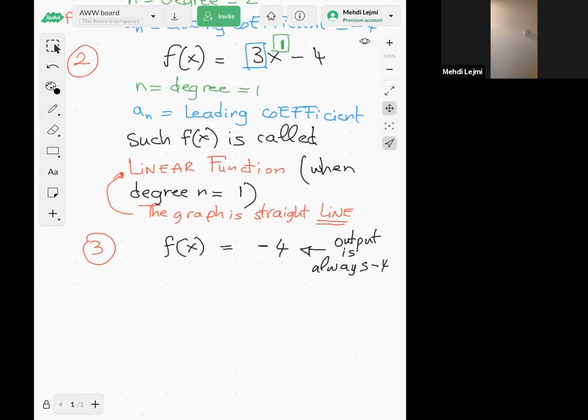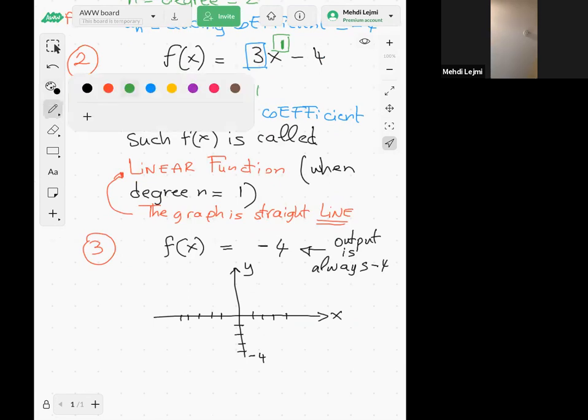Let's say here you have -4, and here's my input x, and this is my y, of course. What I'm saying is that the output is always -4.